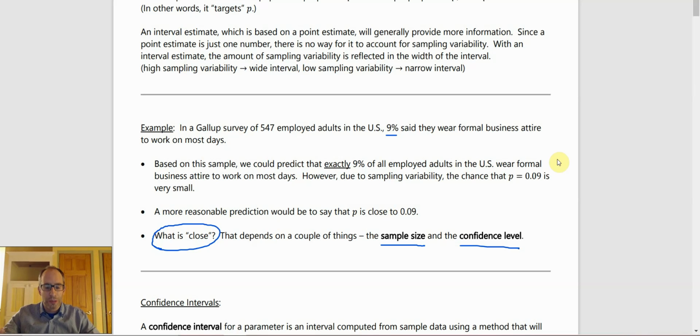Because if you think in terms of percents, like between 0 and 100%, you'd want to be more confident than less confident, right? You can't be 100% confident, because then you would need an interval that captured all possible values. I guess for a proportion you could make one, but it would be kind of useless, right? It wouldn't be very interesting. But you want to get it to be kind of high. So with our confidence levels, we're going to be at 90% and up. We'll have 90%, 95, which is actually the most common, and then 99.